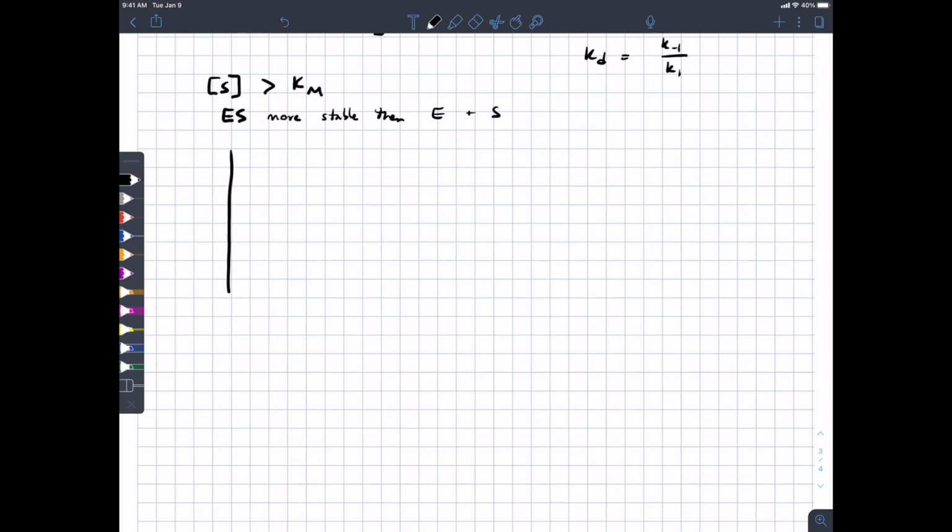Here's energy on this axis. Here's reaction coordinate on the x-axis, or reaction progress. Here is the enzyme and the substrate.